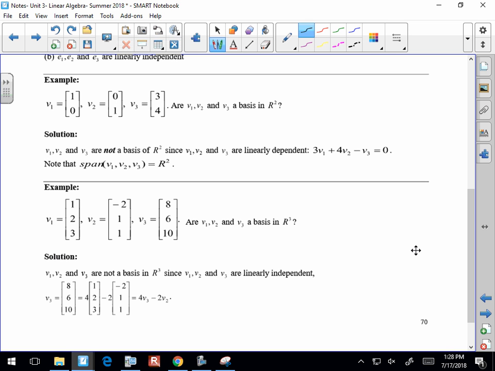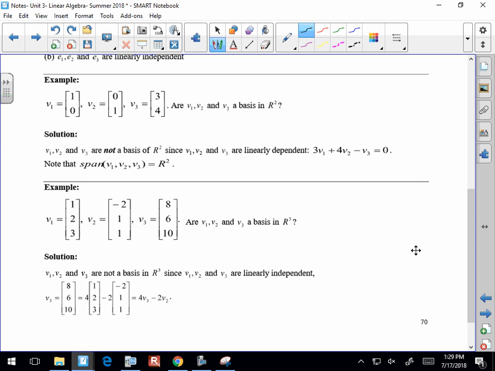All right, so the answer is no, because you have a linearly dependent relationship. But if I were just looking at V1 and V2, those do span the real number system, and they also are linearly independent. Right? So it's just that V3 is throwing it off.